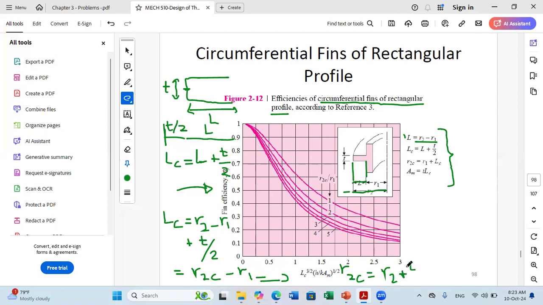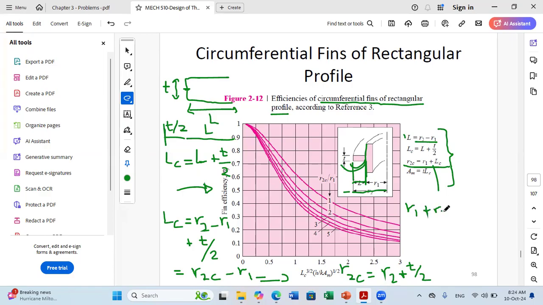Here they gave it in a second way, but it will give you exactly the same result. They told you that R2 corrected can be calculated as R1 plus corrected length. I take from R1, instead of just adding L, I add the corrected length. And if you replace the corrected length by L plus T over 2, you will get R1 plus L corrected is L. What is L?